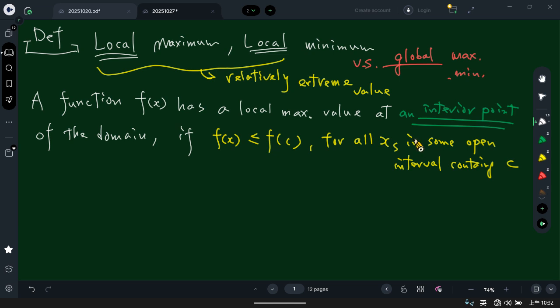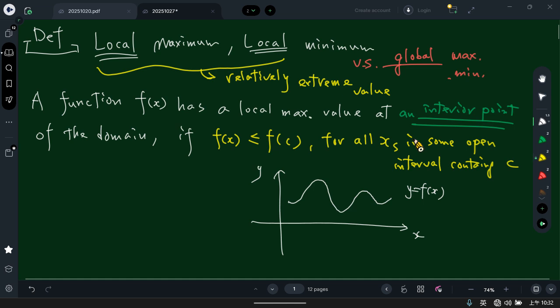However, for local, that means, for example, just like this, x and y. If this is y equals f of x, in this case we are trying to find the local maxima, right? Local means maybe we can just focus on this point, c.